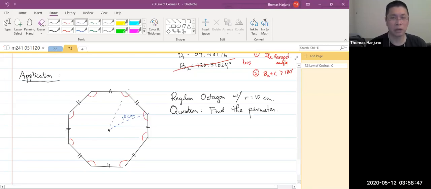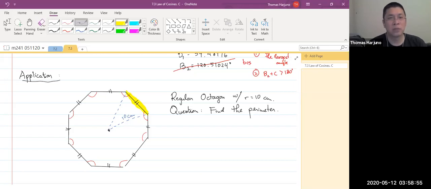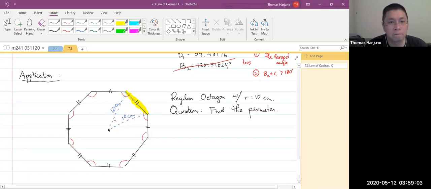Now the thing is, how do I find the length of one side? The radius is 10 centimeters. How about the central angle? What is the angle here? Call that theta. Now angle theta will be 360 degrees divided by 8.